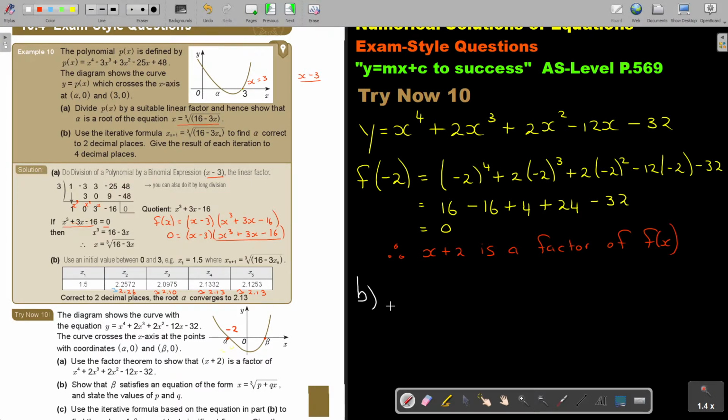So if I do long division, I have one of the factors now. Oh, it's a little bit high, but it's fine. So I have x plus 2. I know that one. And I know it's going to be x⁴ plus 2x³ plus 2x² minus 12x minus 32. Okay, and I start.